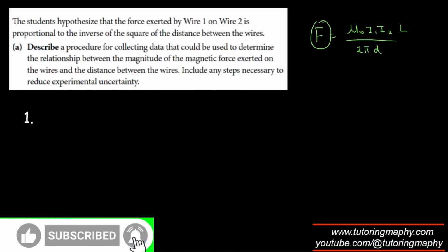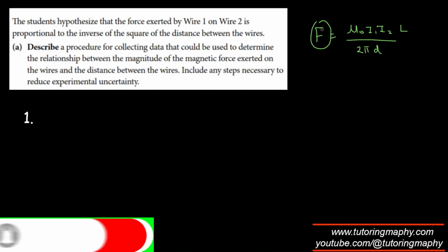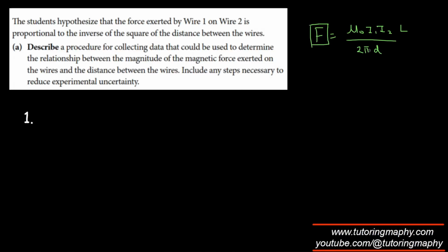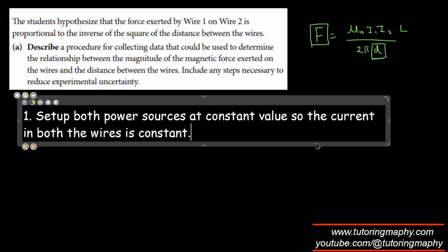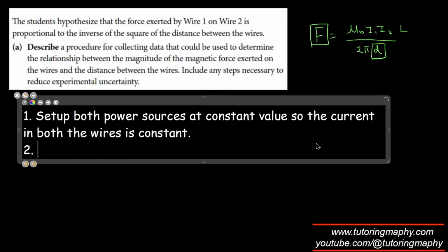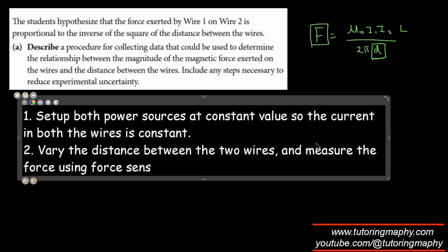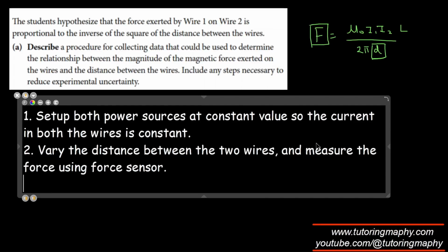Obviously what this student hypothesized is incorrect, but what I want to highlight is you just want to change the force and the distance, right? All the other parameters should remain same. So what we want to say is, all right, the next is vary force sensor.